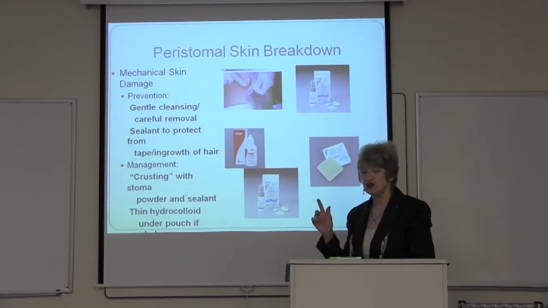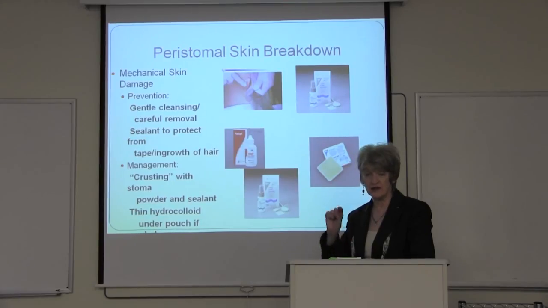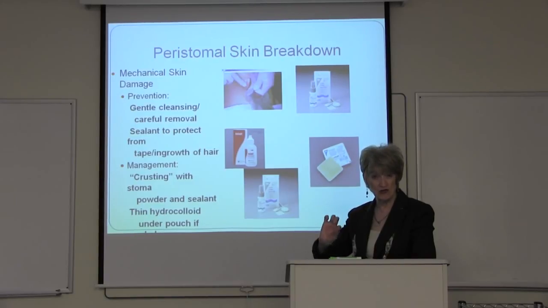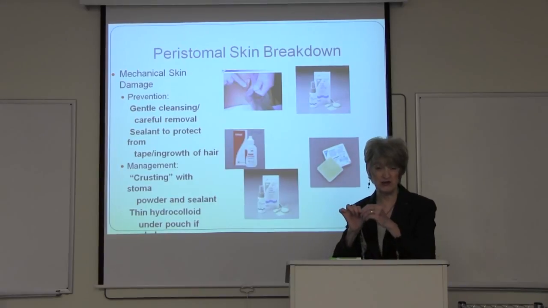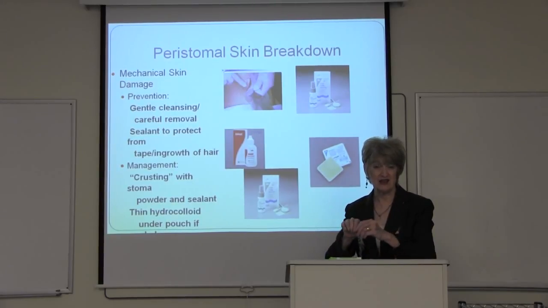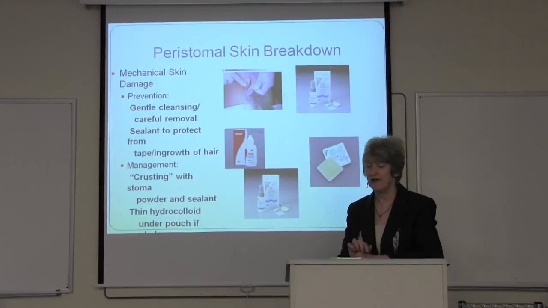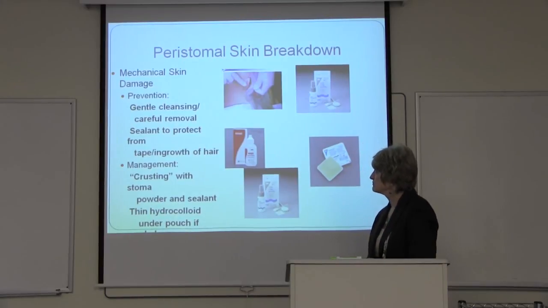If you have a patient who has a very hairy abdomen, you want them to routinely use a sealant so that there's a plastic film over the hair that helps to minimize ingrowth of the hair into the barrier. It can also be helpful to use a solvent for pouch removal so that you're dissolving the bond between the barrier and the skin and you're not pulling that barrier away.